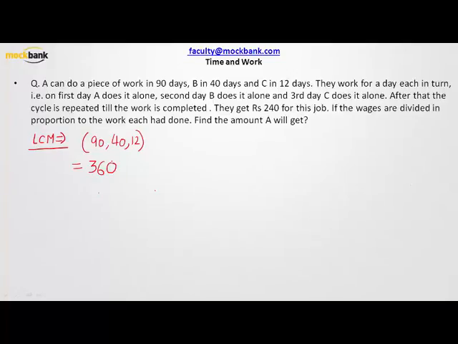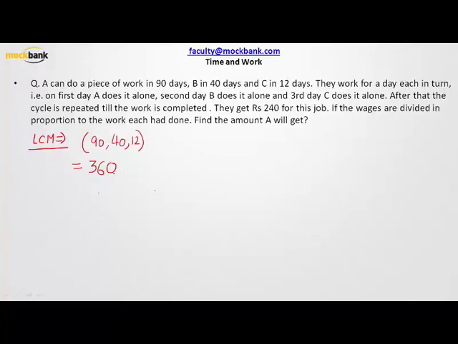What is the method? You will pick the largest number out of these, that is 90. You will imagine the table of 90 and you will try to see the least number in the table of 90 that is entirely divisible by 12 and 40 as well, that is 360.